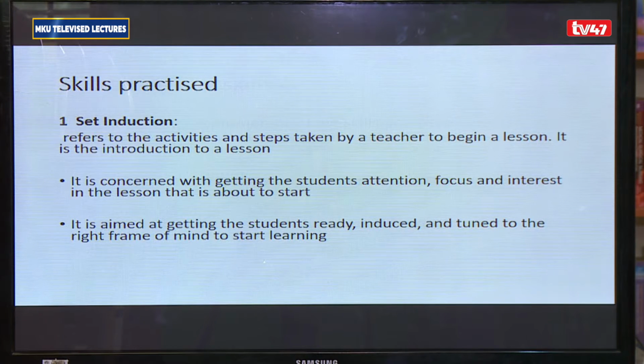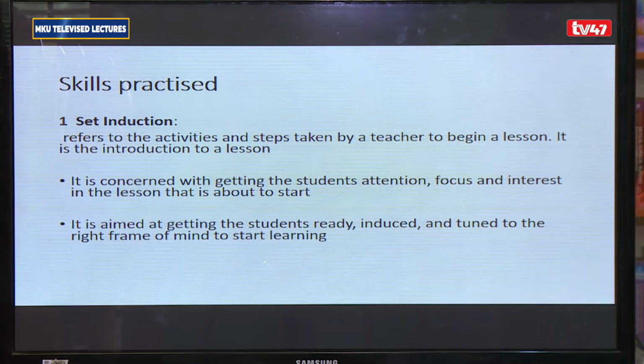And we start with the first one, set induction. Now, set induction refers to those activities and the steps that are taken by a teacher to begin a lesson. In simpler words, it is the introduction to the lesson.